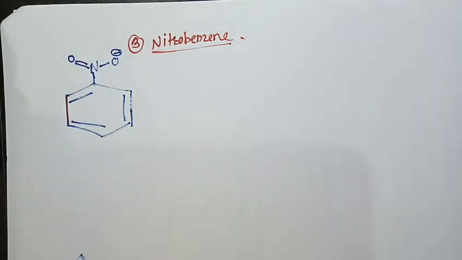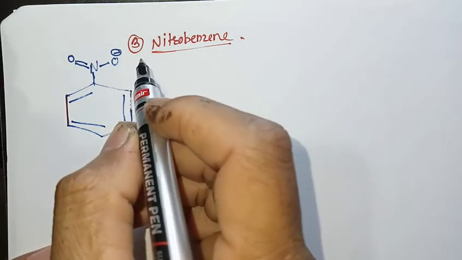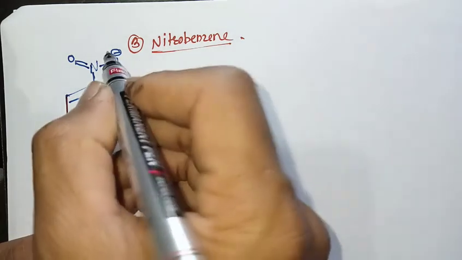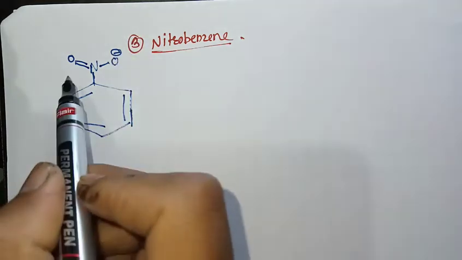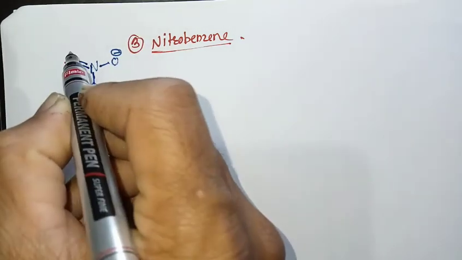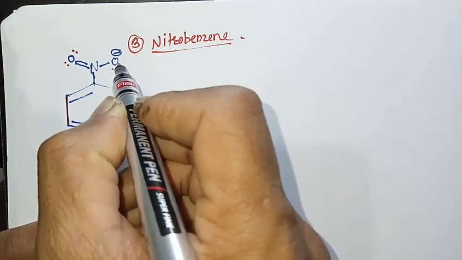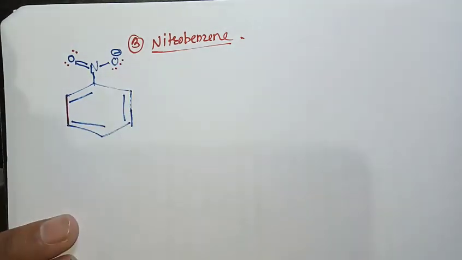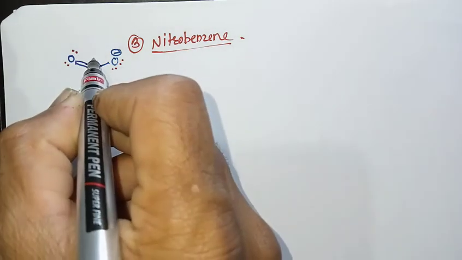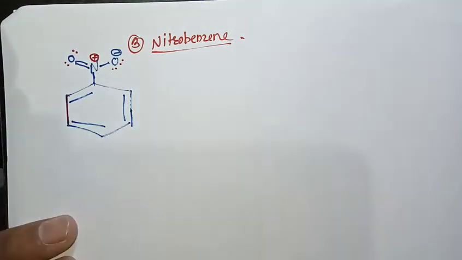Okay, so let us discuss the resonating structures in nitrobenzene. Here this oxygen has a negative charge and this oxygen has 2 lone pairs of electrons. It also has 2 lone pairs of electrons and 1 negative charge, and nitrogen carries a positive charge over here.